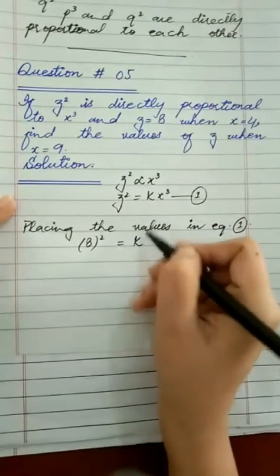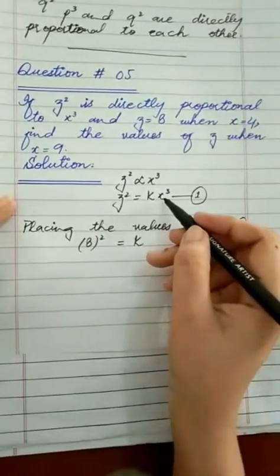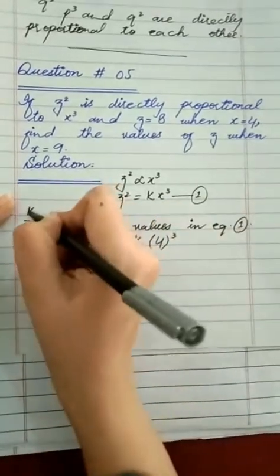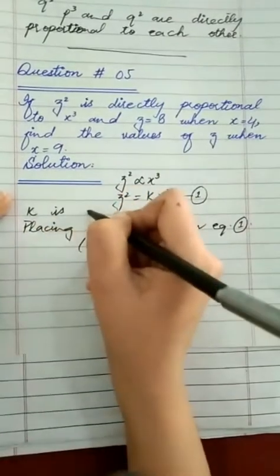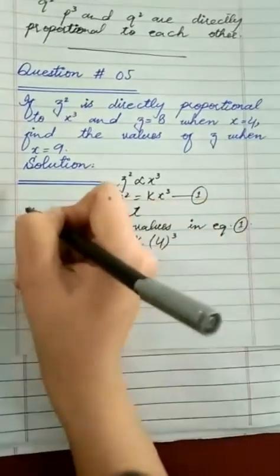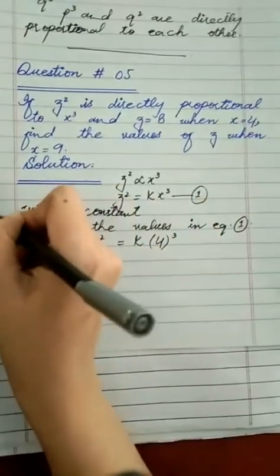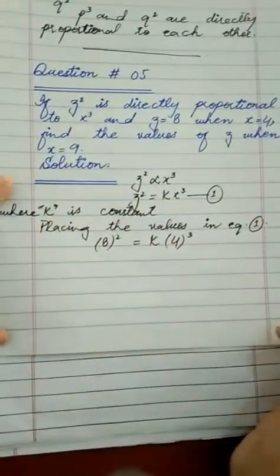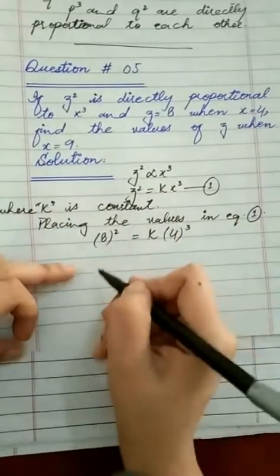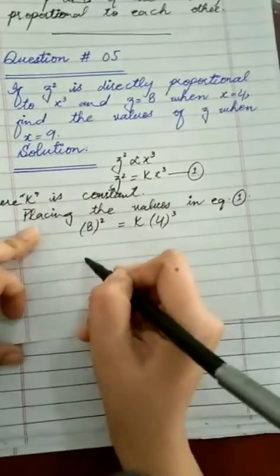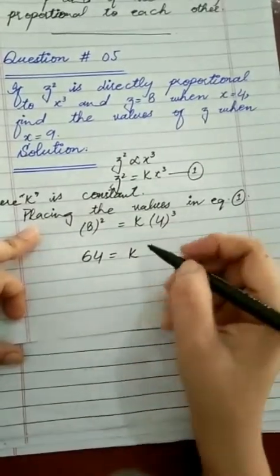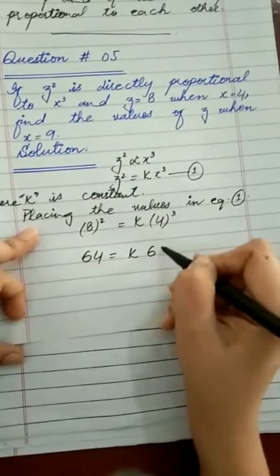K will remain as it is because k is constant here, and x is 4, so it's 4 cube. We will multiply 8 times 8. 8 times 8 is 64, that is k, and 4 cube is also 64.